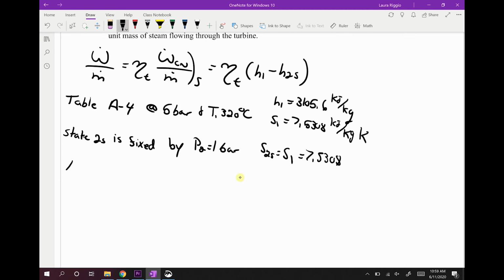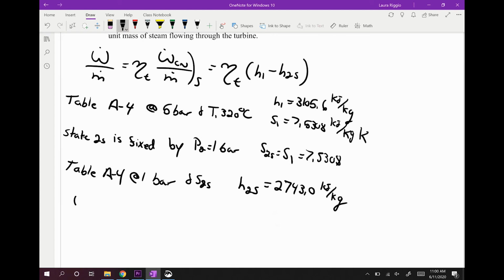So I'm going to go to table A-4, and I'm going to look up 1 bar, and I'm going to look up my entropy. I get that my enthalpy is 2743.0 kilojoules per kilogram.